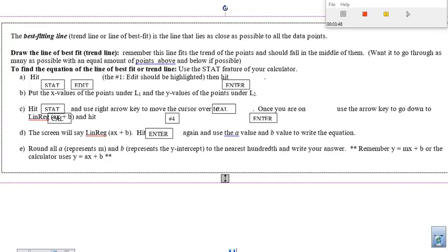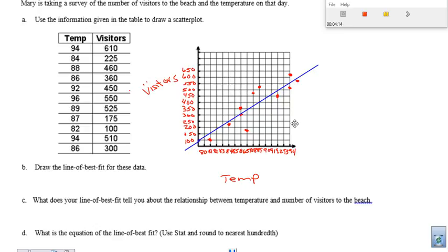Then hit stat again, go to calc and hit number 4, and it calculates the slope and the y-intercept for you. So that's what we need to do when we're looking for our best fit line as we go through our graphs here. I went ahead and already did my graph just to save time.